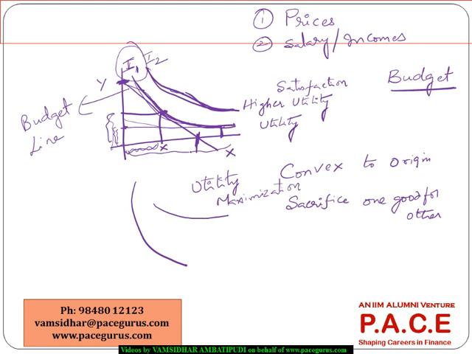Because this particular consumption bundle is not fitting into his budget, it can't be affordable for this consumer, because his budget is not permitting. Whereas this particular bundle he may not prefer because it is lowering his satisfaction.